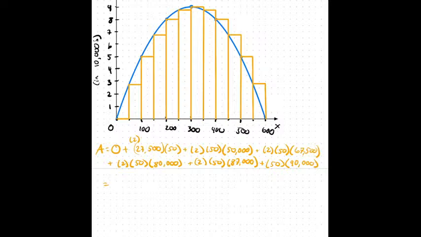Okay, let's try this again. Well, we could just simplify it ourselves because 100 times that is easy. I just want to get to the answer.